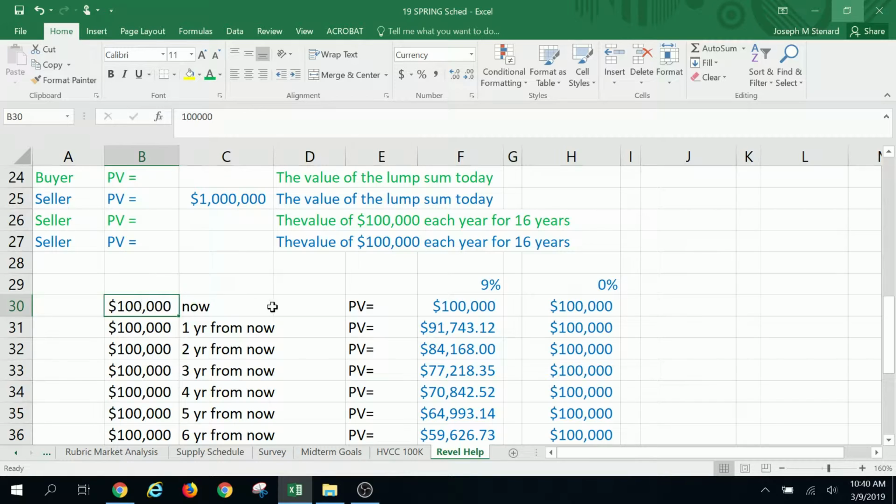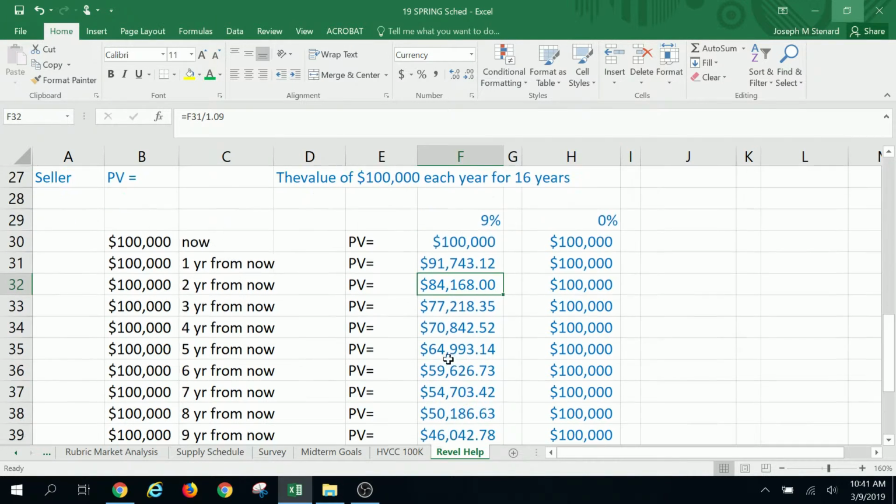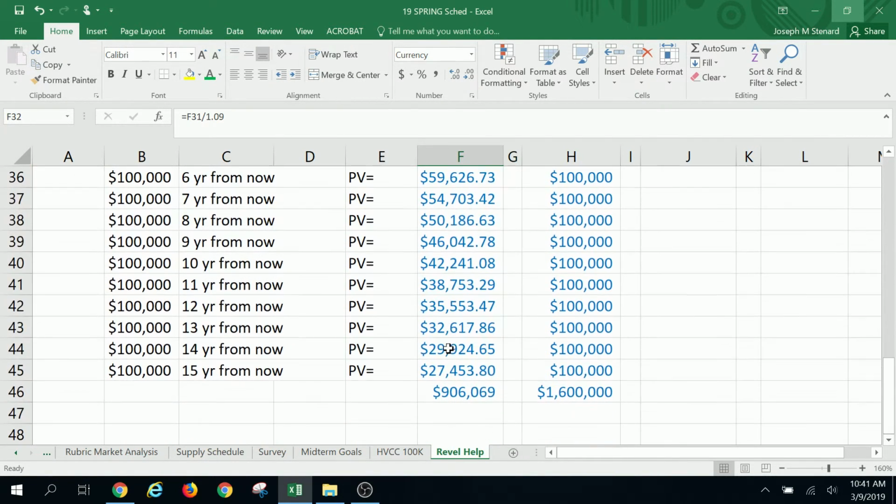Now the $100,000 that they would collect right now from their business is worth $100,000, but the $100,000 that they would collect next year if they kept their business would only be worth $91,000 to them today. The present value for the next 16 years of each of those $100,000 payments: for instance, the $100,000 that they would receive 16 years from now would be worth $100,000 then, but today that's only worth $27,000 to them.